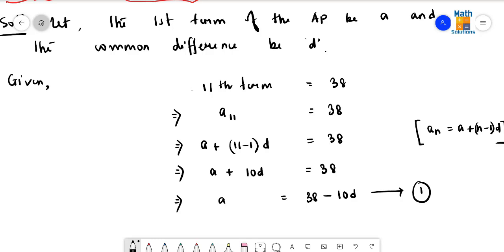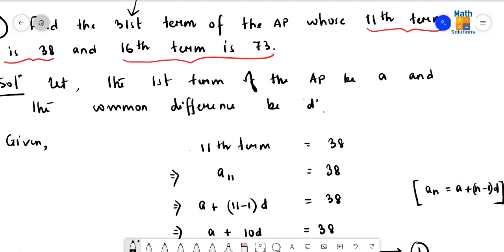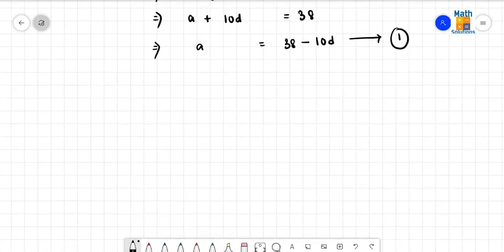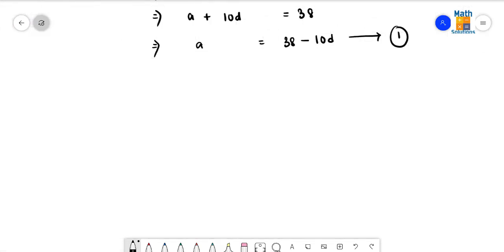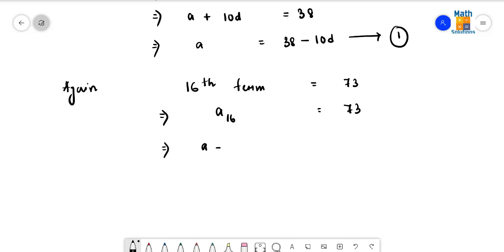Again we shall now come to the second condition of this question, that is, the 16th term of this AP is 73. So this will imply a16 is equal to 73. So I can write here a plus (16 minus 1) into d is equal to 73.